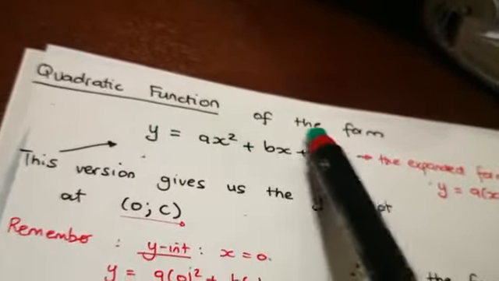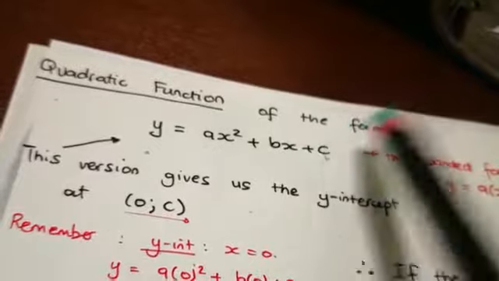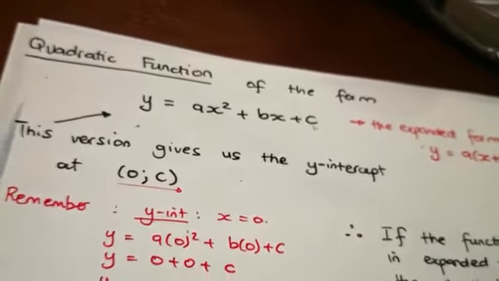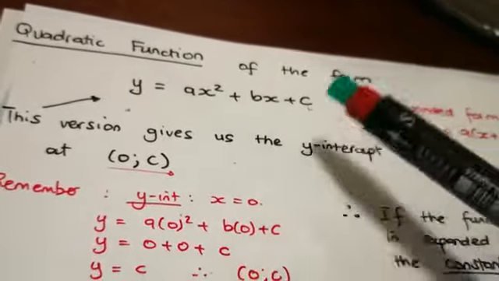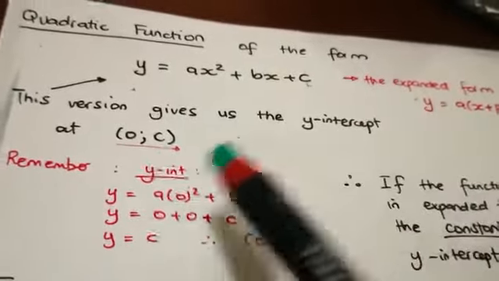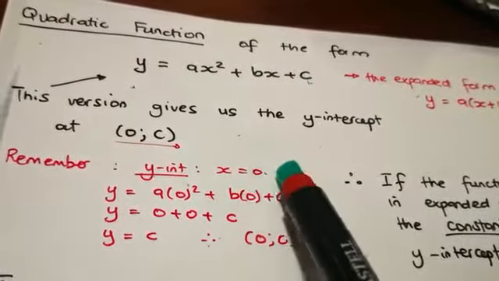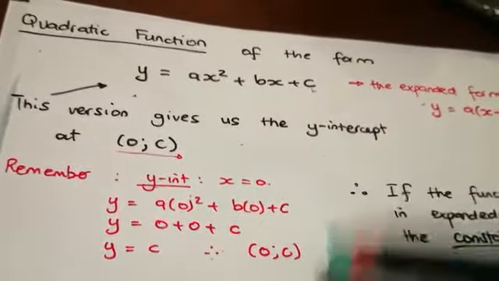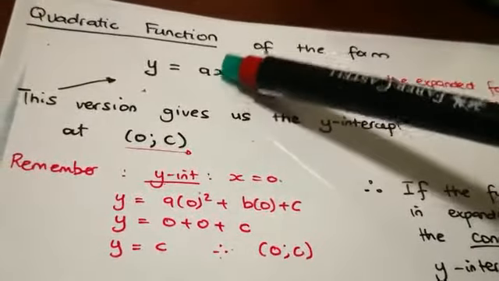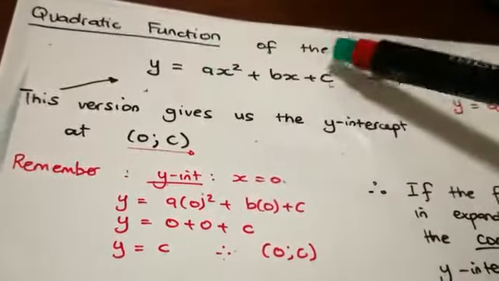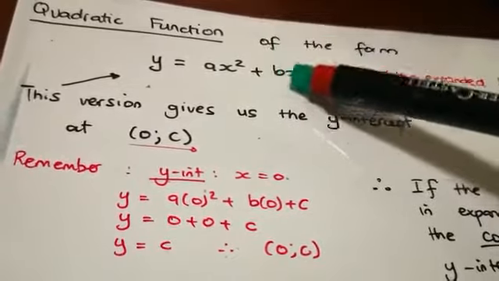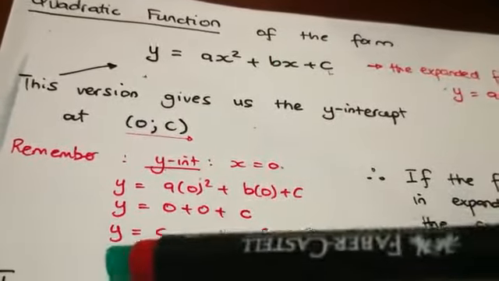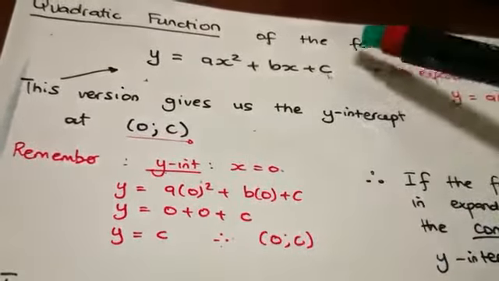If you are given it in expanded form, the first thing that would be easy for us is to find the y-intercept. If you remember the y-intercept, you must let x be equal to 0. So if you substitute 0 in here, this is going to become 0. If you substitute 0 there, this will become 0. So as you can see, the y-intercept is going to be c.